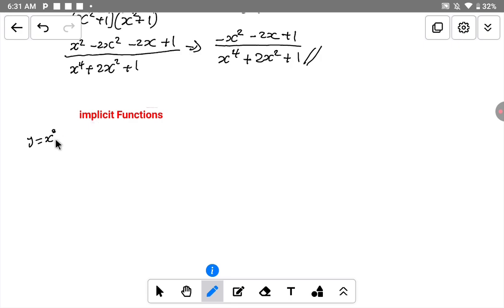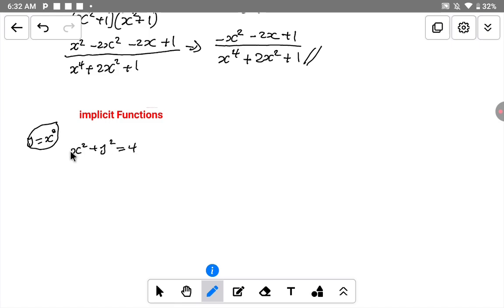For example, if a question is given like this, I just want to use one as an example for us. Say we are told to differentiate x squared plus y squared is equal to 4.